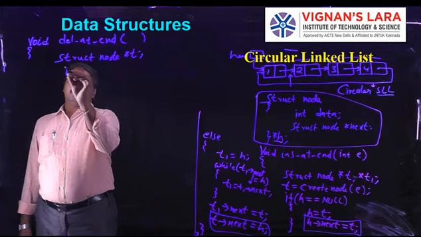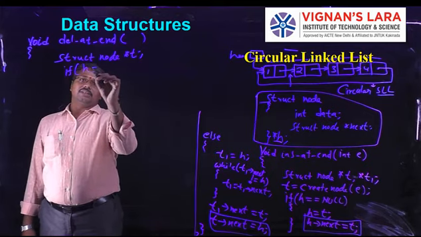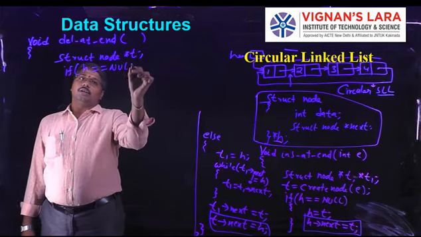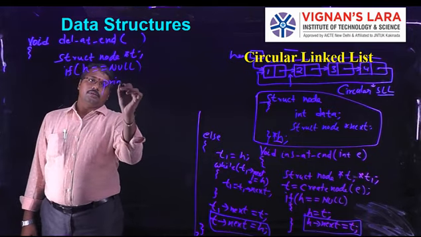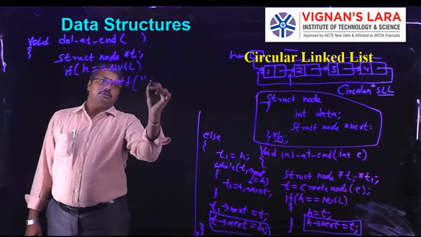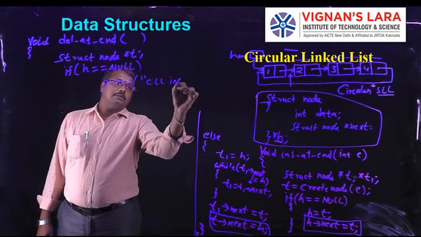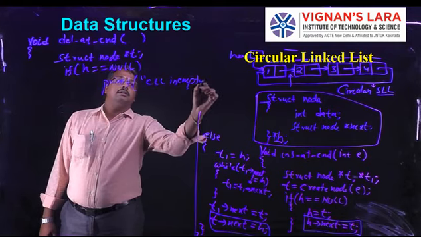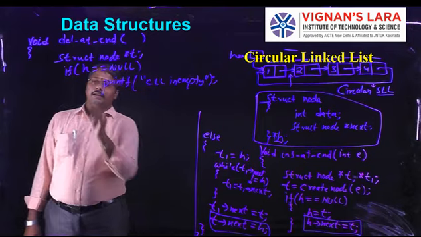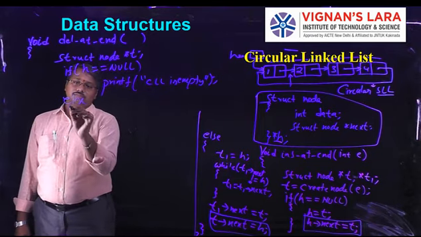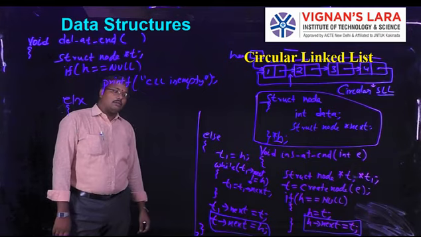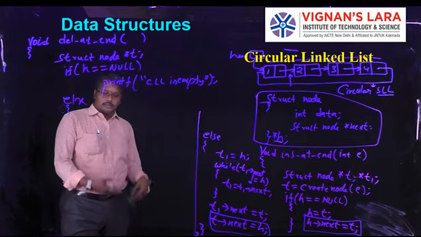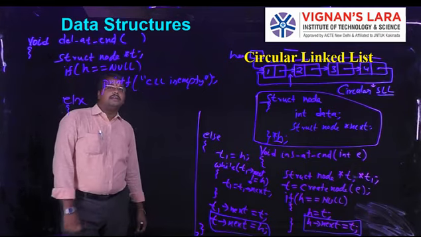Initially the special case we need to check. If h double equal to null, simply we can say the circular linked list is empty. In the other case, suppose the linked list is not empty, only in that case we need to delete the elements.